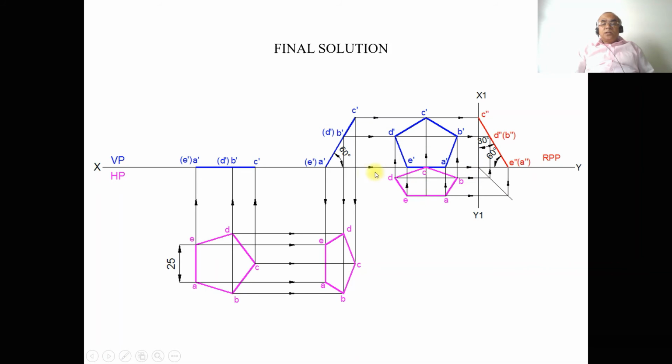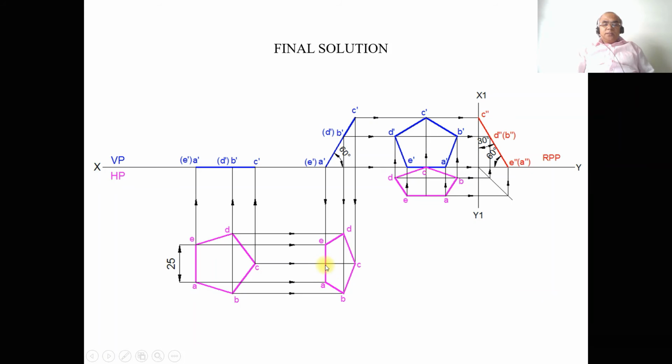So take any convenient position with respect to the second position top view, and you mark this point here as C. Using the protractor, with C as center, measure an angle of 90 degrees and draw a vertical projector downwards. Then using the compass with C as center, taking the radius of C to this point, from C you transfer that point here. Then draw a horizontal line.